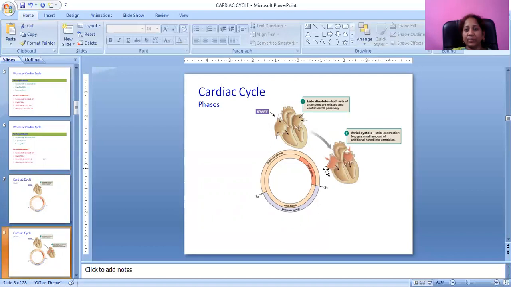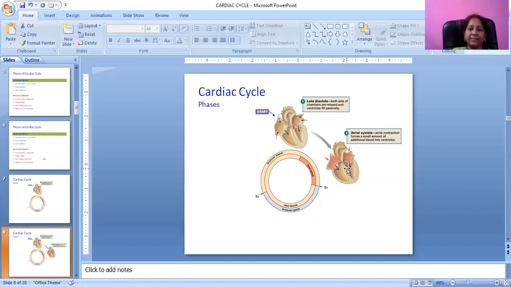Coming to the second point, atrial systole. In atrial systole, atrial contraction forces a small amount of additional blood into the ventricles.